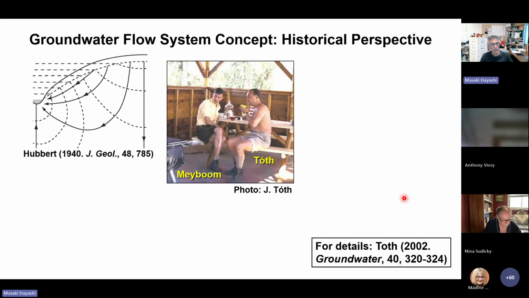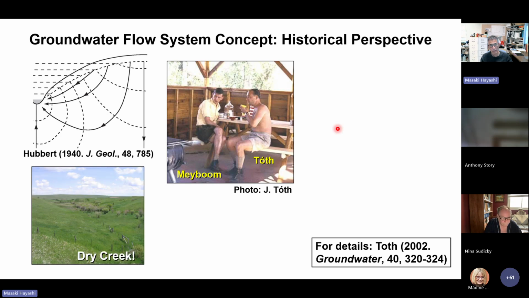What Hubbert did in this paper was to borrow potential theory to explain the pattern of flow. Joseph, of course, saw this and studied it, and then he thought he would apply it to the field setting, but then he went out, and what he saw was this.